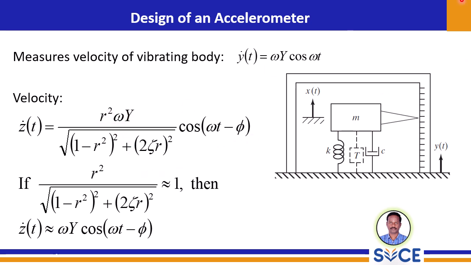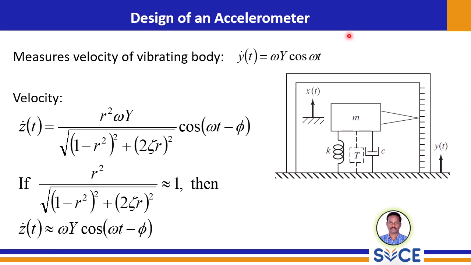Now, the magic happens when we design this transducer such that the denominator term is approximately equal to 1. This condition is typically achieved when the natural frequency omega n of the transducer is significantly lower than the excitation frequency.